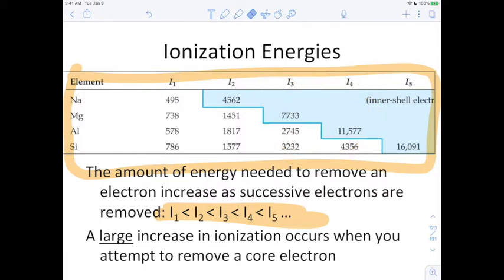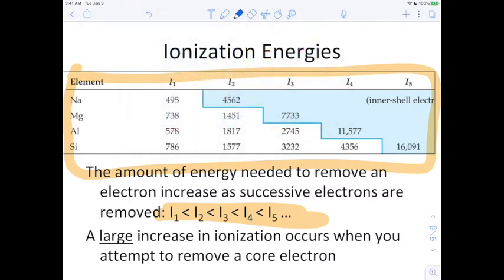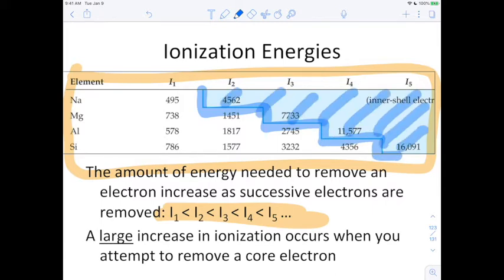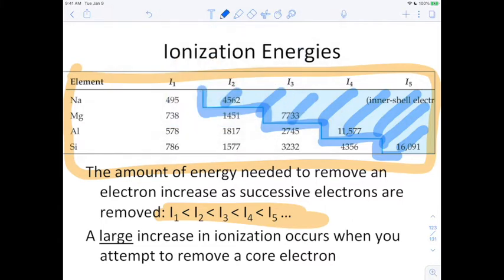All right, so you also see this little blue staircase here, and inside here are what we call our core electrons, which we talked about earlier. Here they're called the inner shell electrons, but we've talked about them as core electrons.